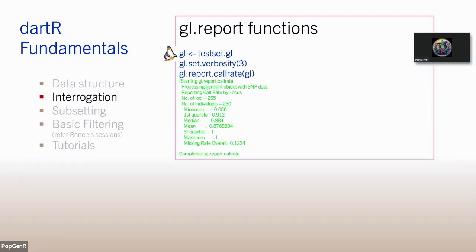So the call rate is where you've been successful in calling the SNP, as opposed to not being successful for various reasons. Okay, so it gives you an overall missing rate of 12.34.